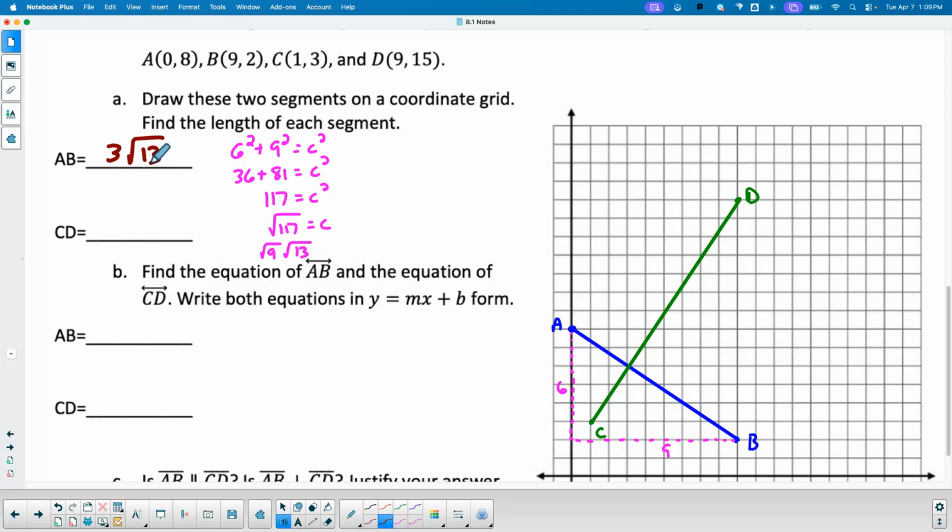The square root of 117 would be wrong, and a decimal approximation of that would be wrong. I want to make sure that you know how the square root of 117 simplifies down to 3 square roots of 13. Everybody good on that? Okay.